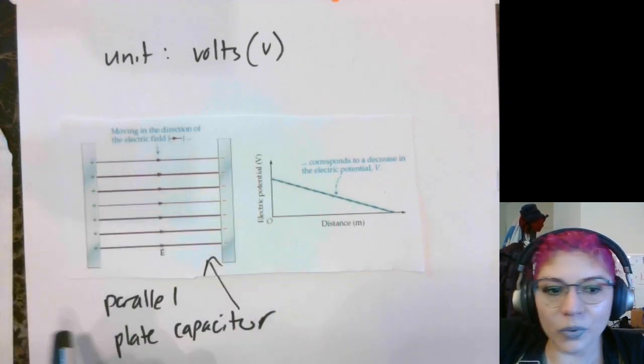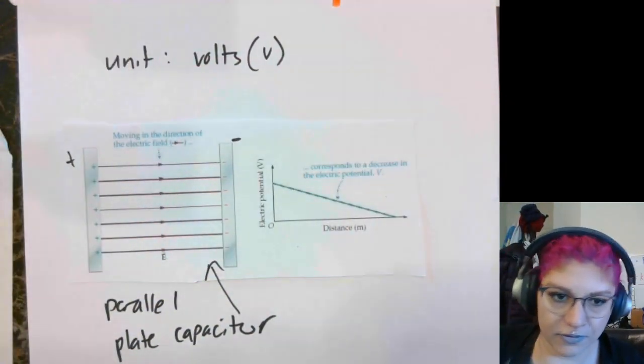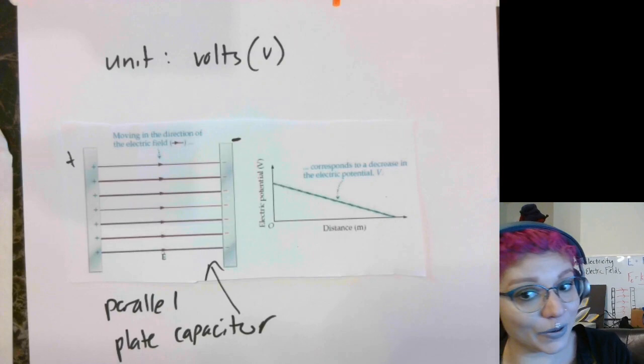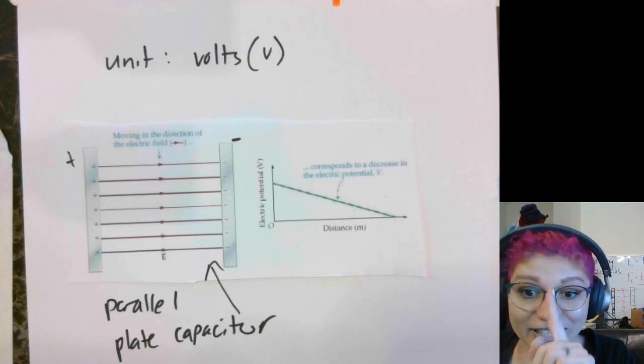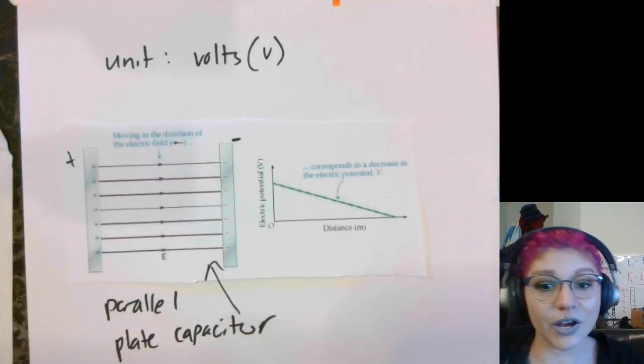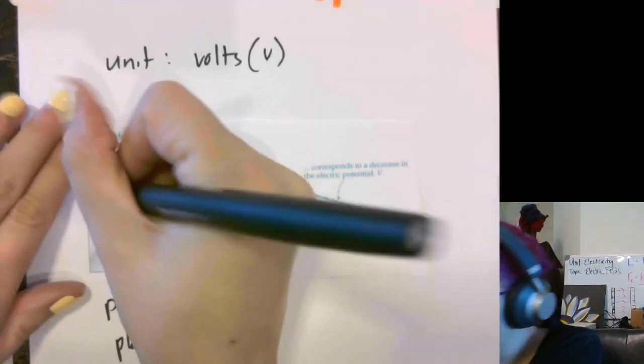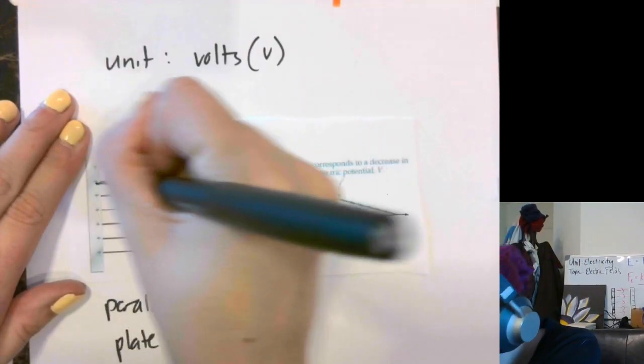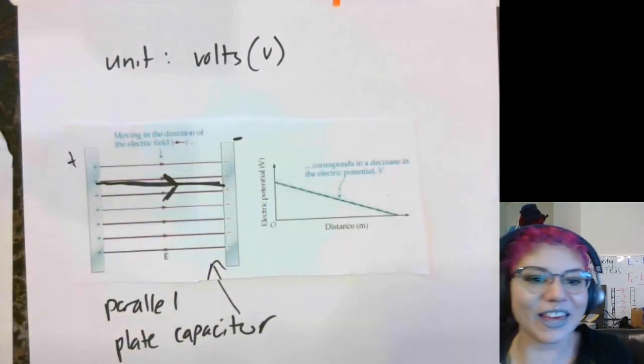On one side of the plate, we have all positive charges. On the other side, we have all negative. And we know from the past few weeks that the electric field lines should point from positive to negative. So they go that way.